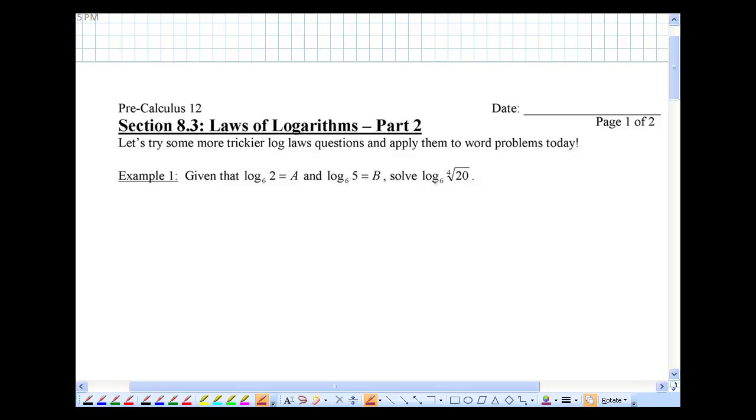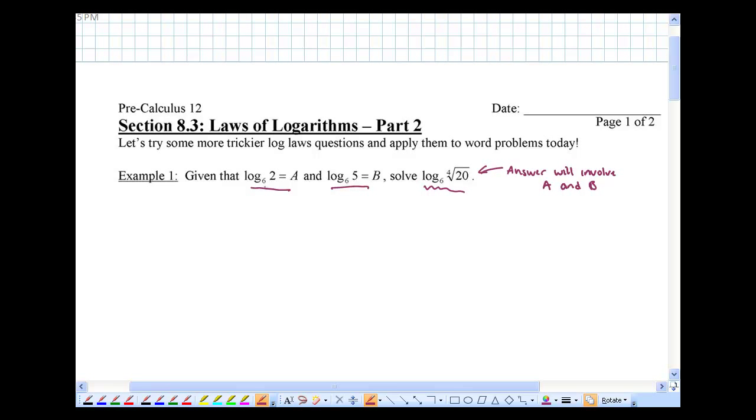What you have to understand here is you're going to use your log laws to rewrite the log expression in terms of A and B. So what we have here is log base 6 of 2 is equal to A, and then we also have log base 6 of 5 equals B. And they're asking you to rewrite log base 6 of the 4th root of 20 in terms of A and B. So your answer will involve the letters A and B.